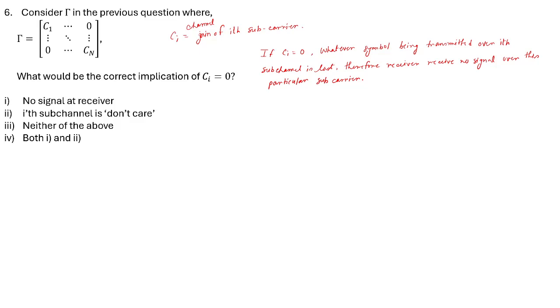If the stronger channel provides a better SNR and therefore better achievable throughput, why should I spend this resource over a weak channel? So if a particular subcarrier's channel gain is 0, the water filling algorithm is not going to assign any power to it, right?